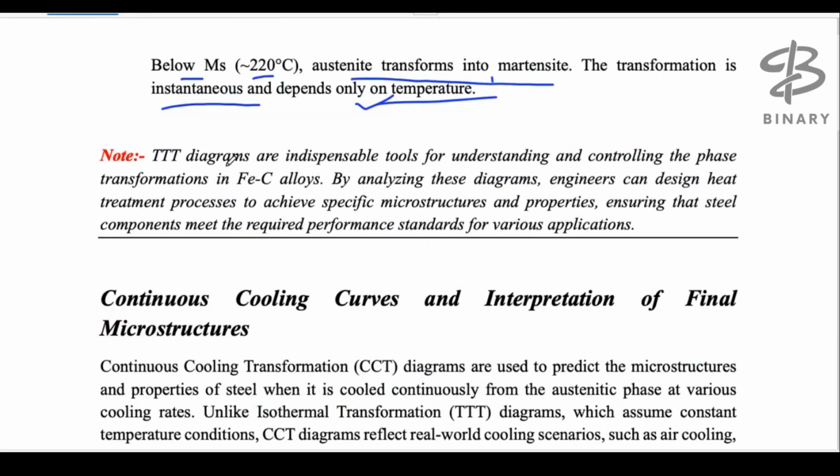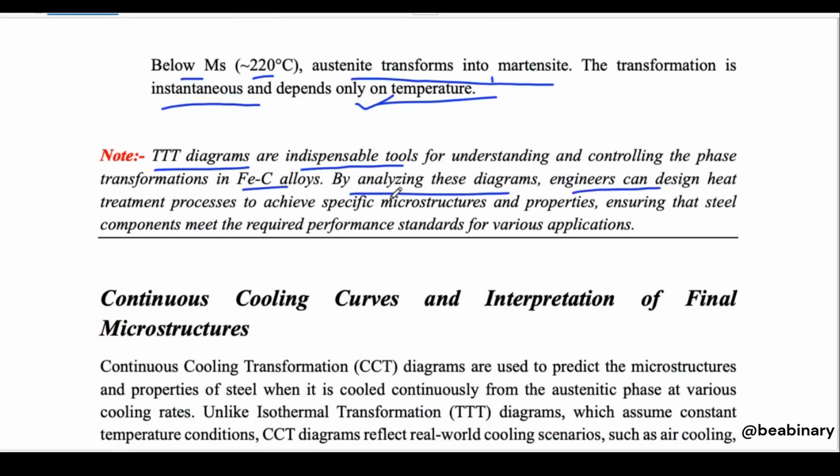Okay, here's a note. TTT diagrams are indispensable tools for understanding and controlling the phase transformations in Fe-C alloys. I mean, you can say the iron carbon alloys, which are known as steel. By analyzing these diagrams, engineers can design heat treatment processes to achieve specific microstructures and properties, ensuring that steel components meet the required transformation standards for various applications.